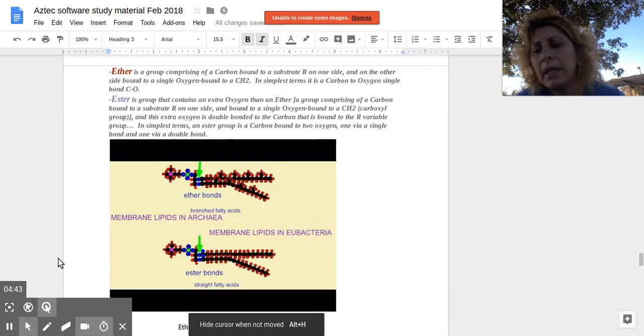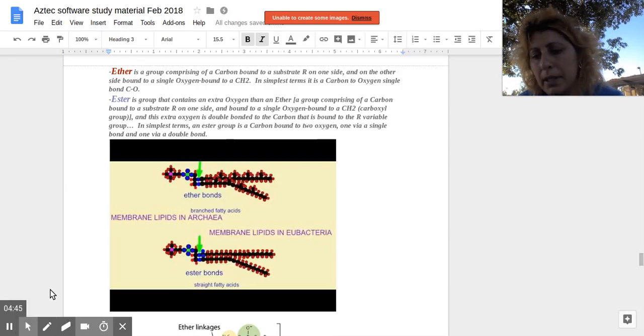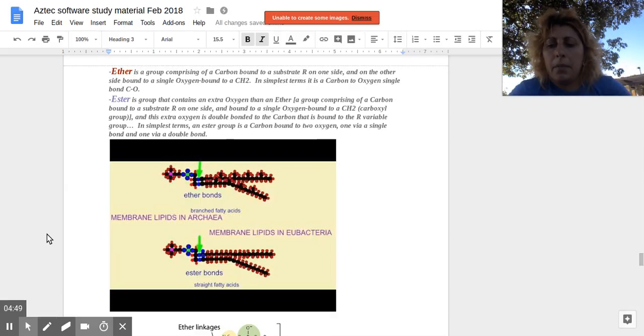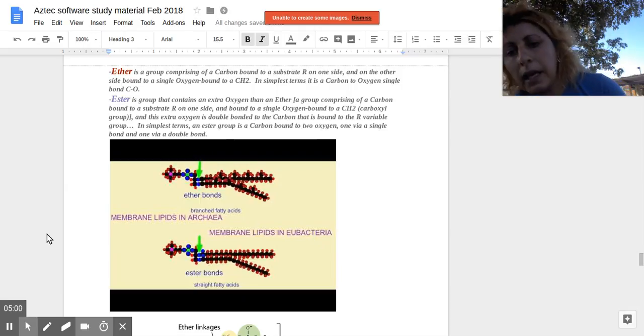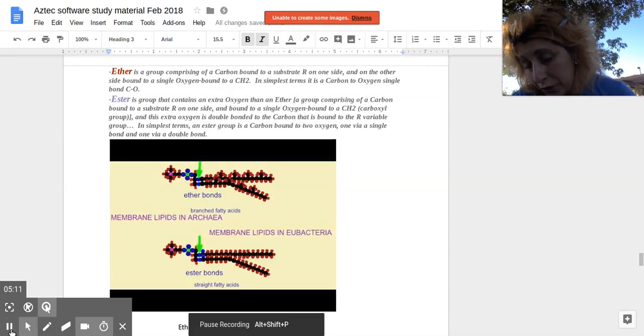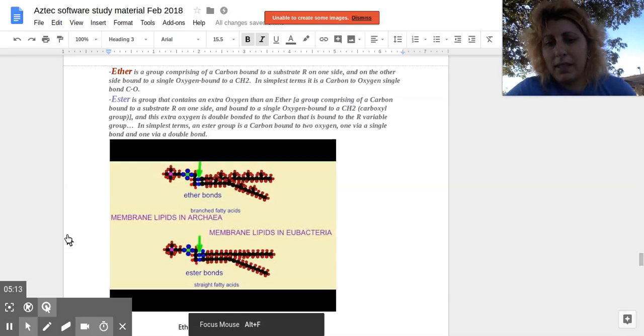So previously we were learning about cell membranes, and the molecules inside cell membranes, which make up the properties of the membranes. Membranes contain ether bonds as well as ester bonds. In archaea, the lipids in the membrane phospholipids contain ether bonds.